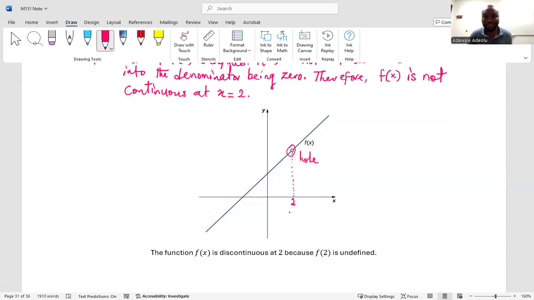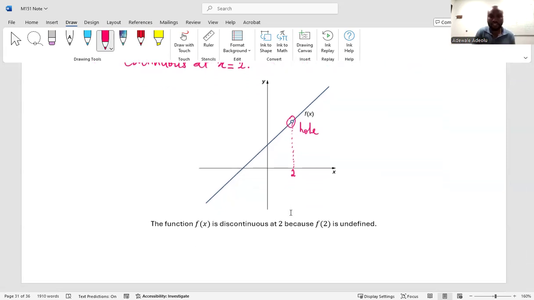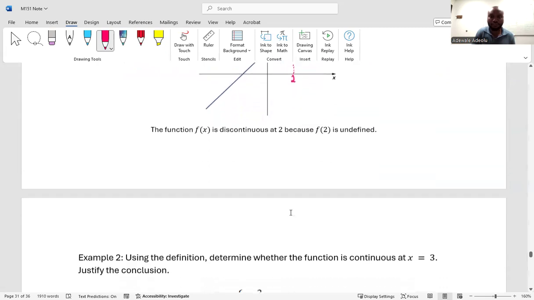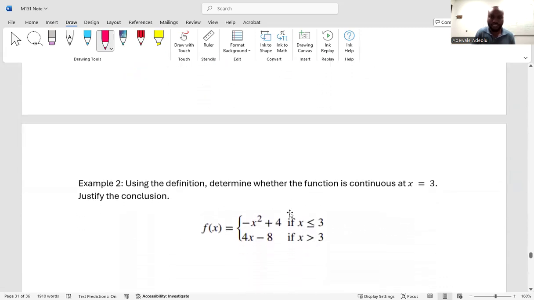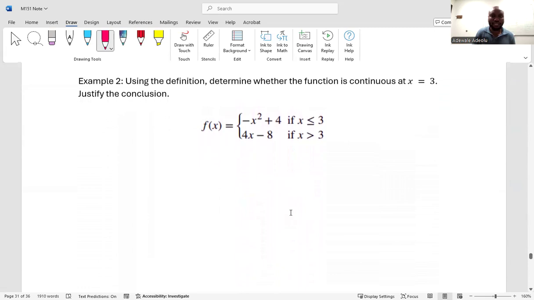So, meaning f of 2 is not defined. And it is enough to prove that that function is not continuous at that point. Let us look at another example. In this case, we want to look at a piecewise function.